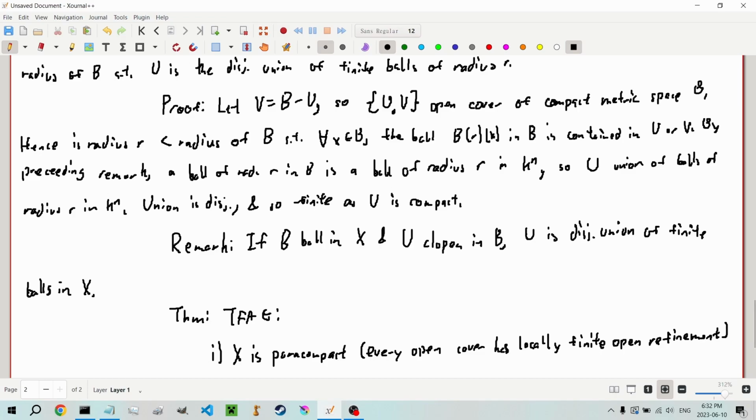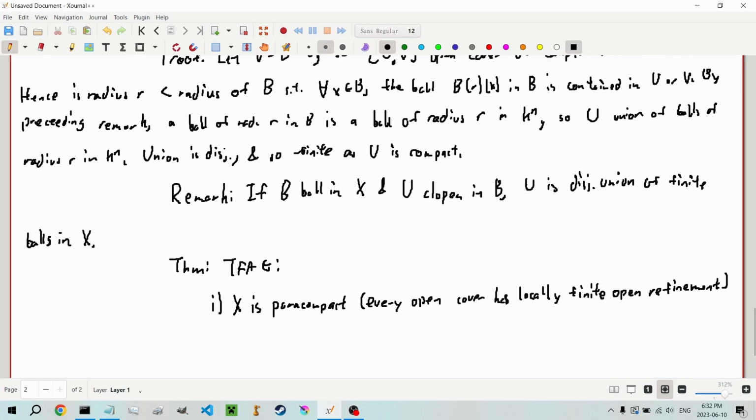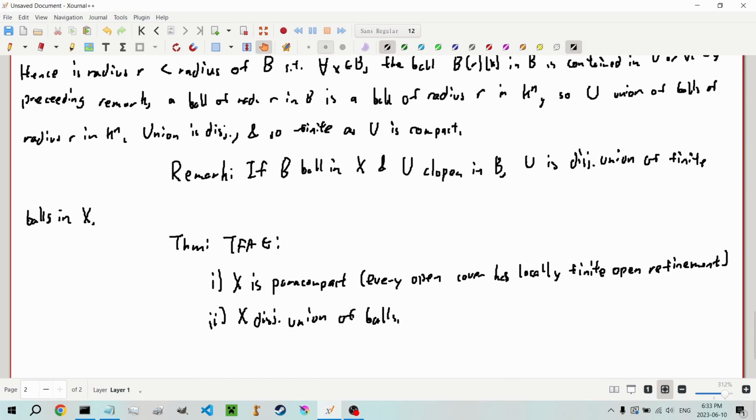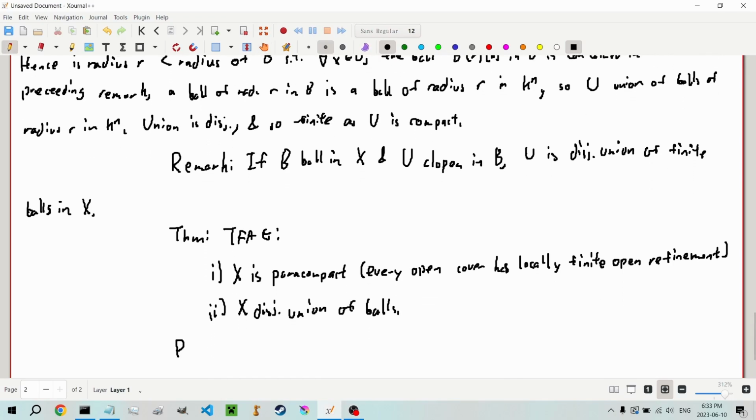That is equivalent to saying in this context that X is the disjoint union of balls. And proof, of course, 2 implying 1 is trivial, so we're going to look at 1 implying 2.